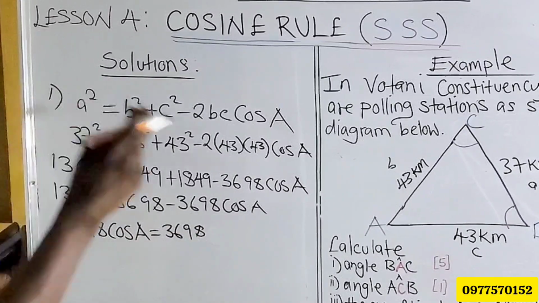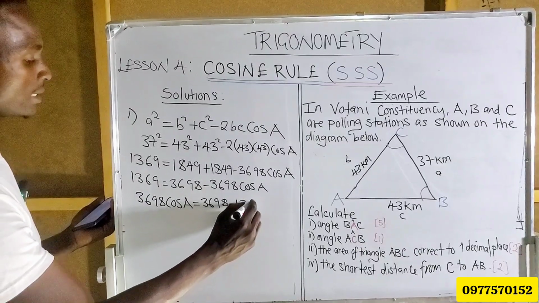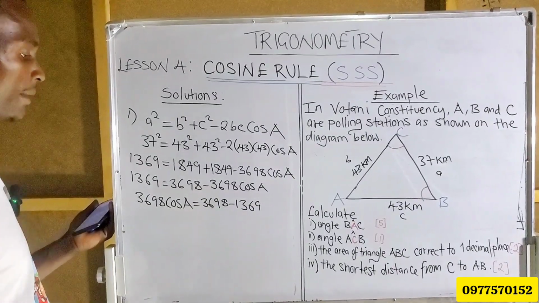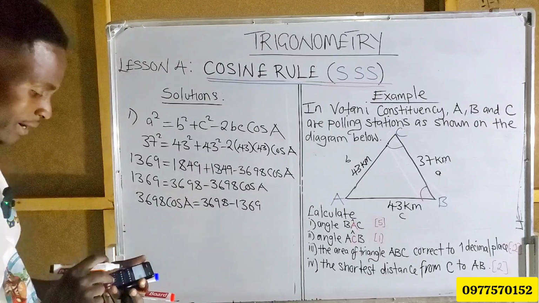This is positive, it will cross the equals sign and becomes minus 1369. Okay, 1369. Now we can solve there.